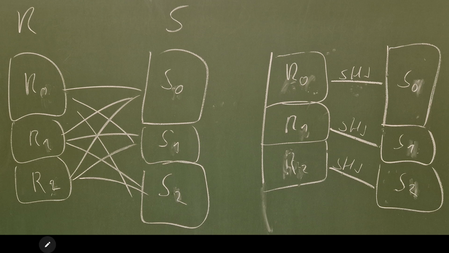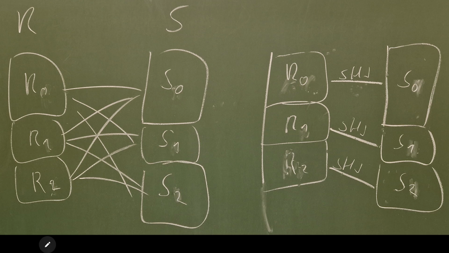You divide R, ignoring the semantics, ignoring the data values, into chunks, such that you can do nested loops on the chunks. What I'm doing here is semantic-based partitioning, and it can be exploited to do co-grouping very efficiently.